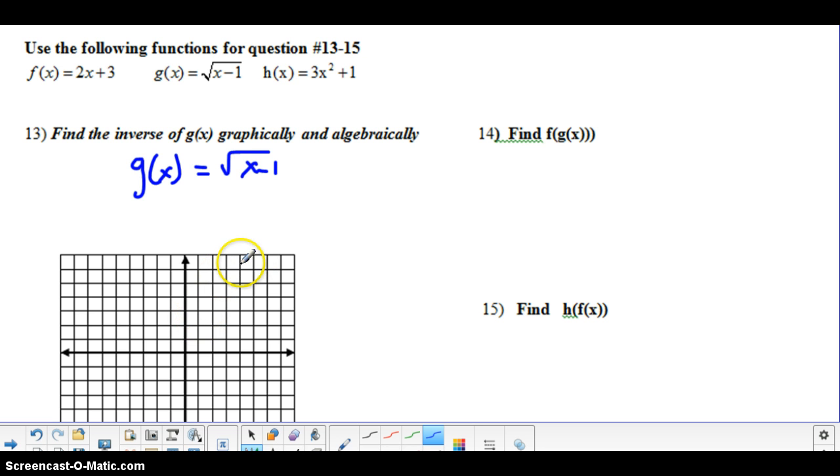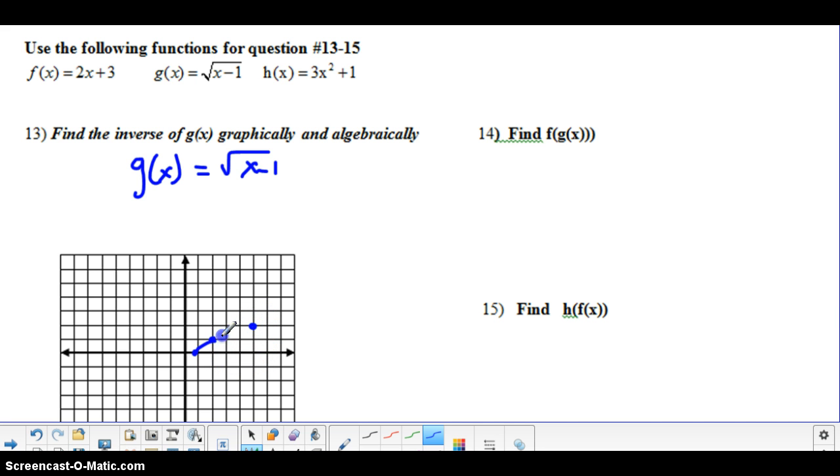And remember, this would be our h, and would be 1. So we would move our square root function to the right one, and that would be our endpoint. And our next point would be here, and then our third point is 1, 2, 3, 4, up 2.